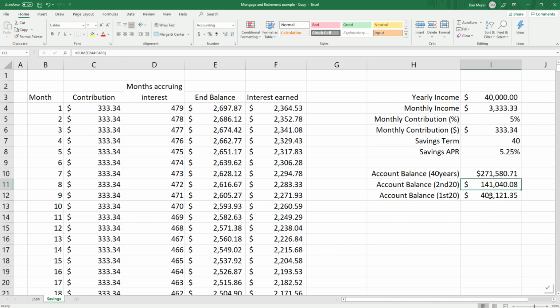They got almost three times as much as the person who saves for the second 20. So as good as saving over 40 years is, if you can get that money in early and then just let it sit there. Again, this person here invested really, really hard for the first 20 years, and they didn't save anything after that. They just let their money sit there for the next 20 years. Okay, this is really the way to go.